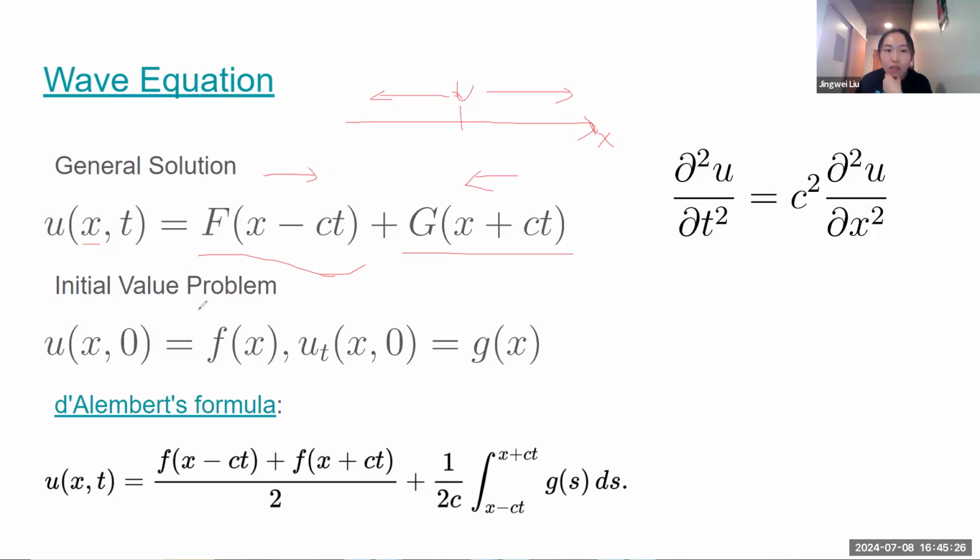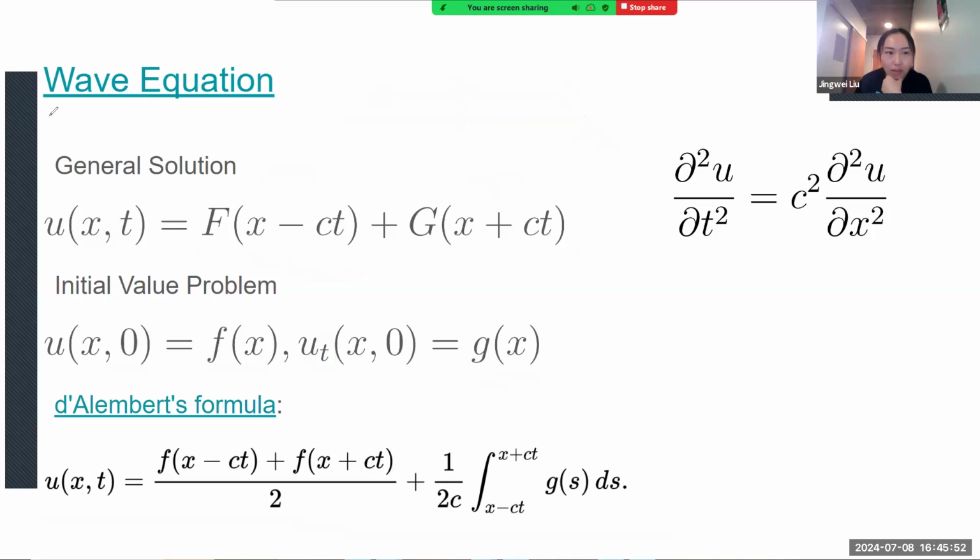So when we give this initial value problem, when t equals 0, the wave equation is of this shape, and the derivative is of this shape, and we can derive this D'Alembert formula. This expression is not that important here, but it will definitely help you understand other concepts.